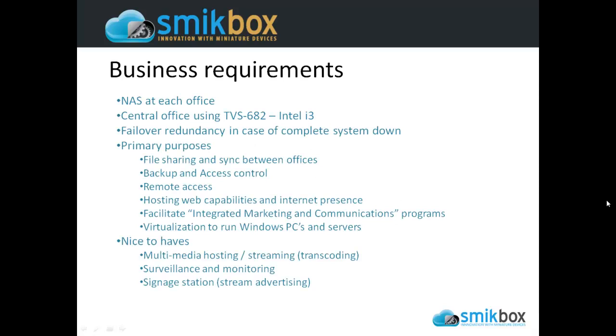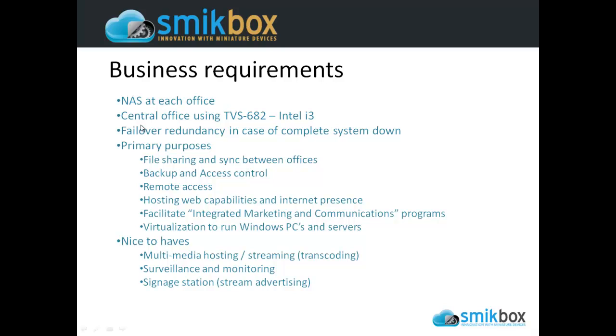So the overall business requirements of this customer, this is an actual SMICBox customer implementation, is that there will be a NAS in each of the offices, and the central office will be using a much faster TS-453A NAS, which has got an Intel i3 processor.